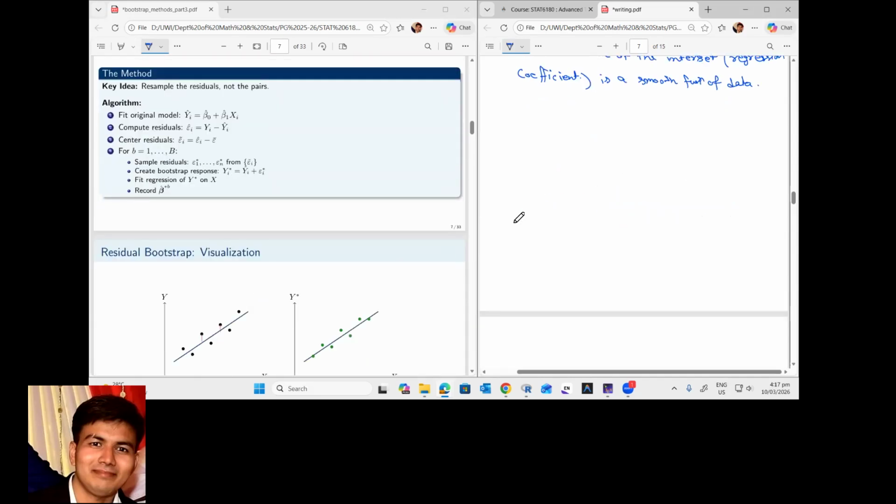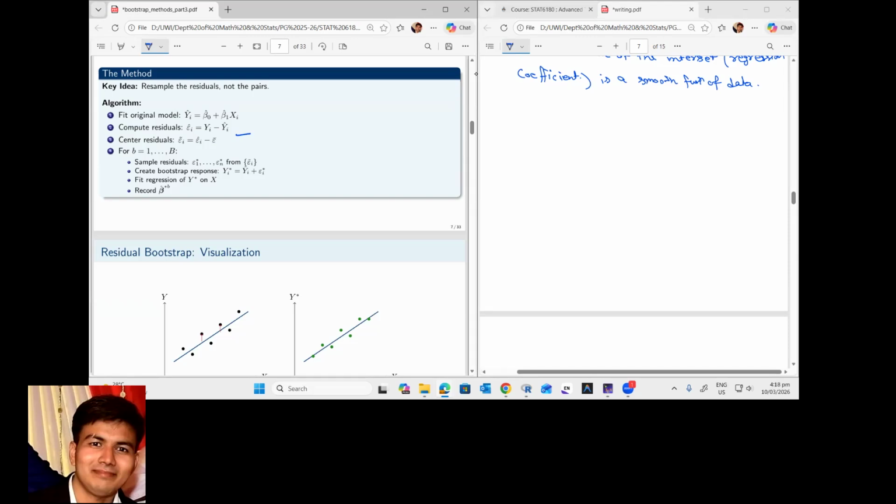What is it? In that one, we resample the residuals, not the pairs. In many experimental settings or real life situations, the predictors x are fixed by the design, and the only randomness comes from the error epsilon i.